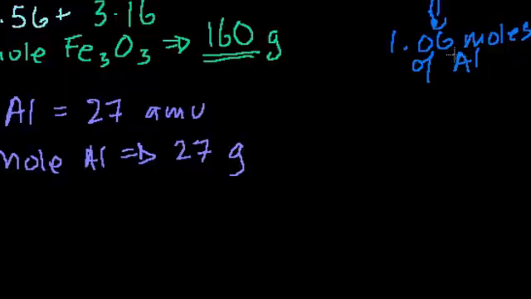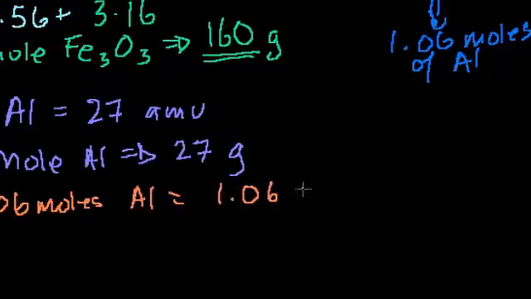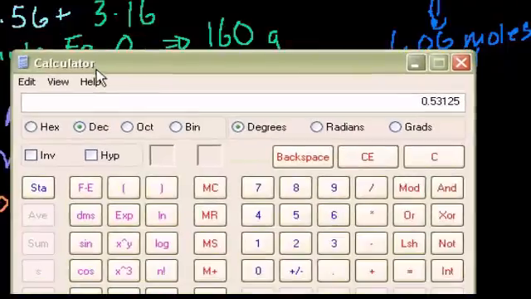So if we need 1.06 moles, how many grams is that going to be? So 1.06 moles of aluminium is equal to 1.06 times 27 grams. And what is that? 1.06 times 27 equals 28.62.